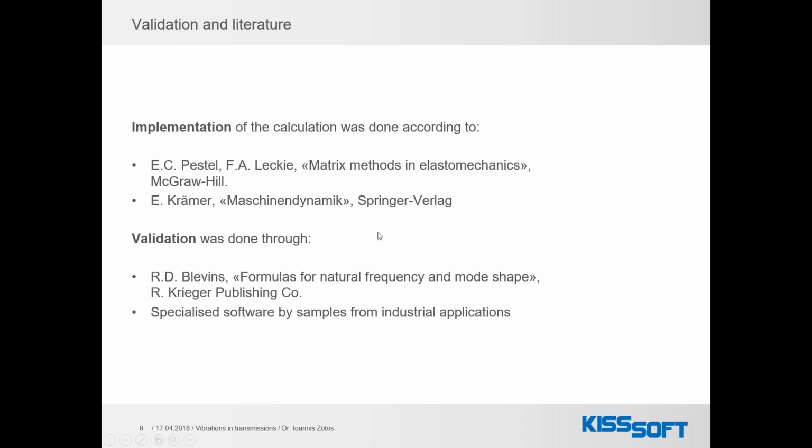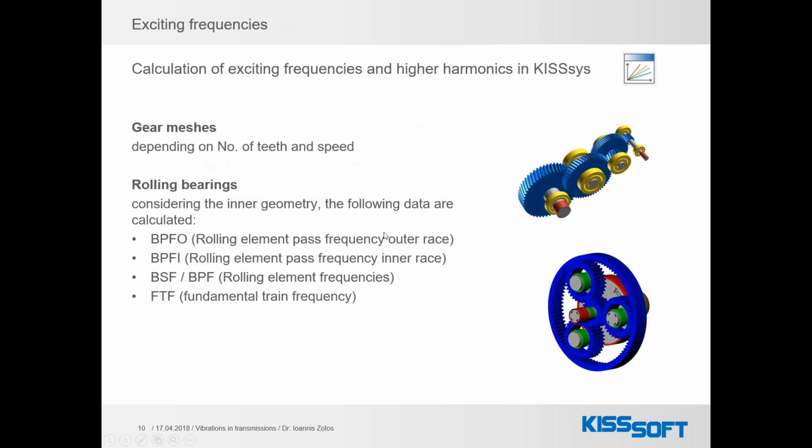This is also what we did. Moving further, I told you in the beginning that there is one part, the eigenfrequencies of the system, what we do with the modal analysis, and then another thing we should take into account is the calculation of the excitation frequencies. So what frequencies are exciting the system in the end.